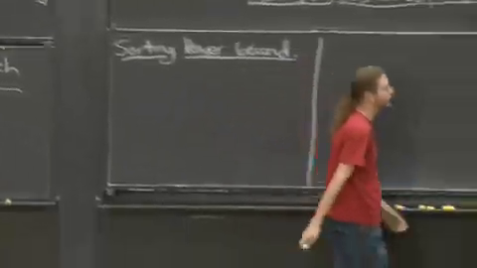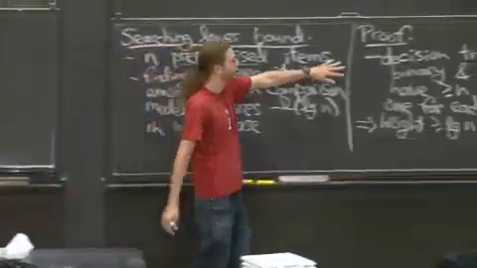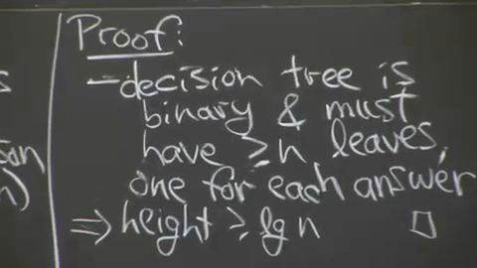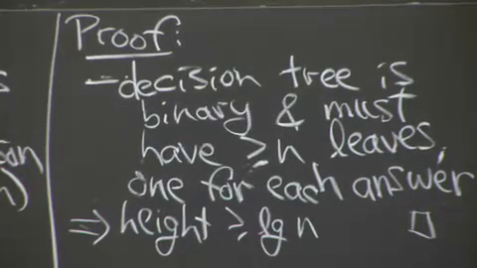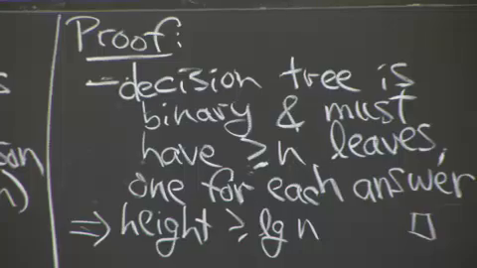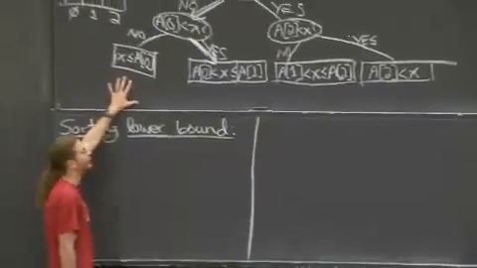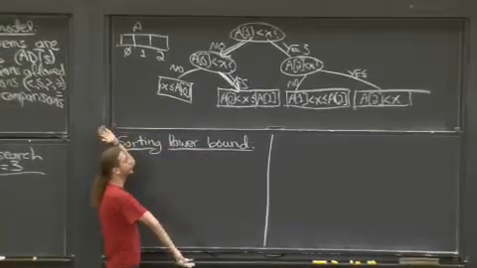So we just follow the same strategy. Decision tree is binary. The question is, how many leaves does it have to have? So for sorting, I'm not going to draw an example because the trees get ginormous.